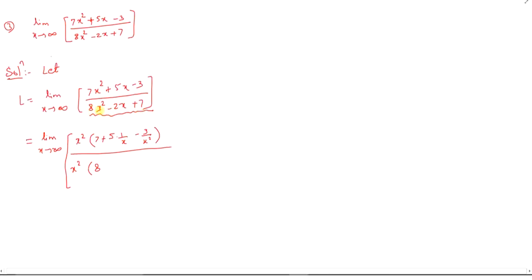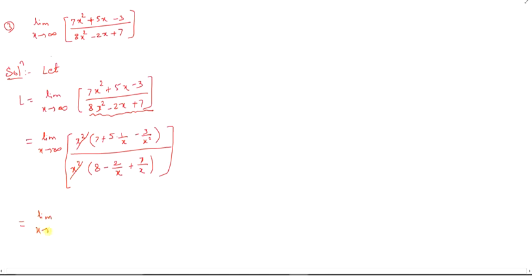So 8x square by x square, only 8, minus 2x by x square, 2 by x, and plus 7 by x square, because there is no x, so x square remains as it is, and here now we can cancel this x square, x square. So collect the remaining terms.